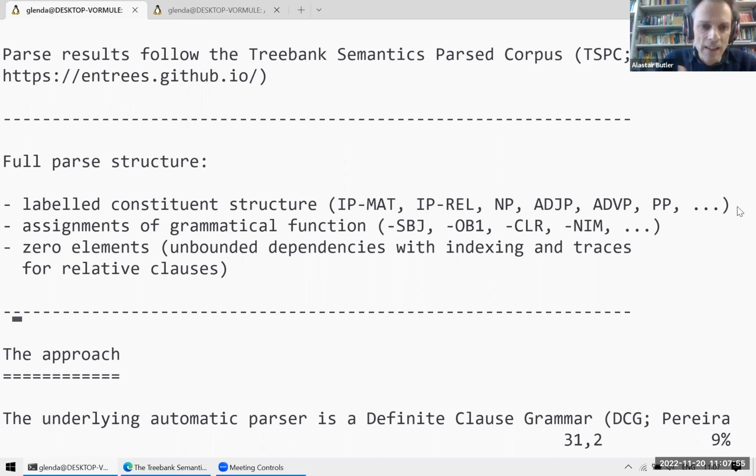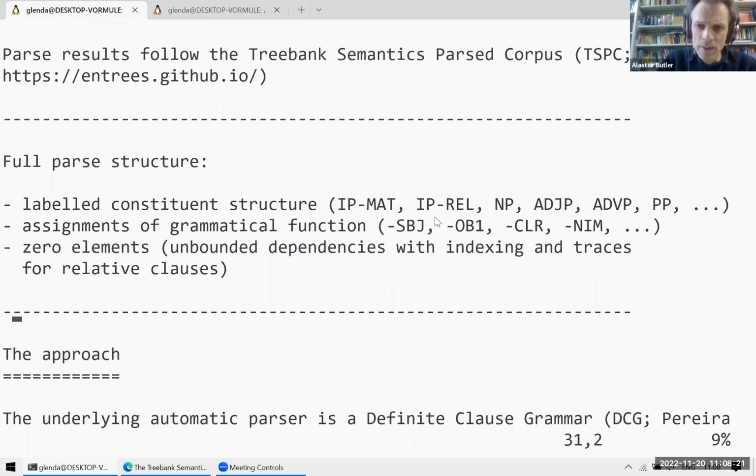And really, a skeleton structure is a very underspecified structure, and is not really very useful for reaching full semantic analysis. So the additional information that I want to get my parser to produce is going to be codings of grammatical function information, so subject and object.